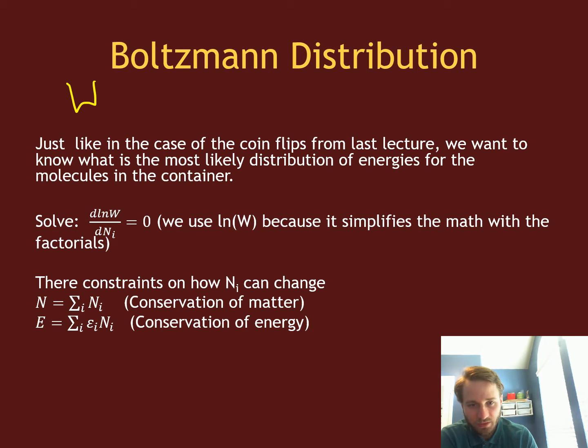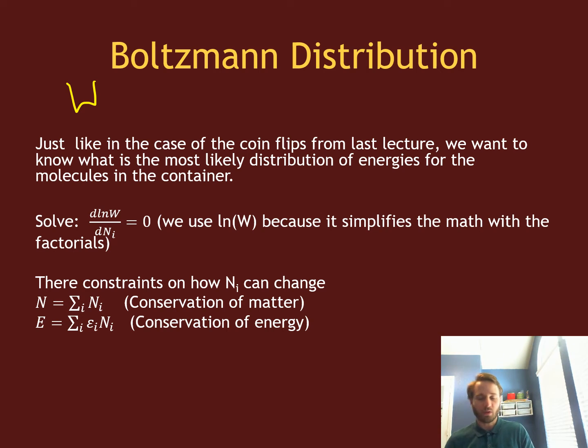And so what I want to consider is, if I potentially change the occupation of a specific energy level, how does that change the weight? And then find the largest weight, because the largest weight means the largest frequency of outcomes.